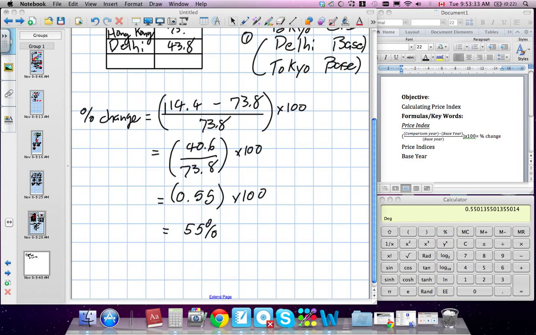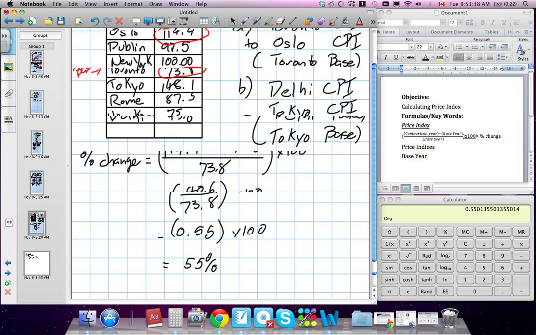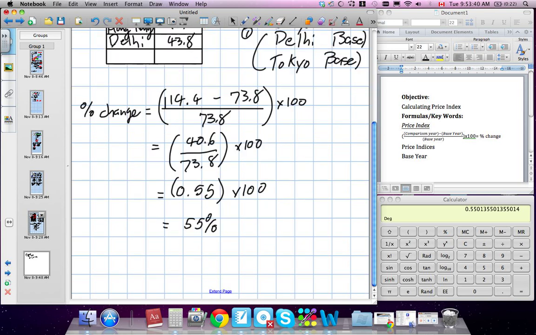Okay, so what that means is in comparison to Toronto's prices, they are 55% increase in price. So let's say, to make sense of this, something cost you $80 in Toronto. A 50% increase means half of that added on top.